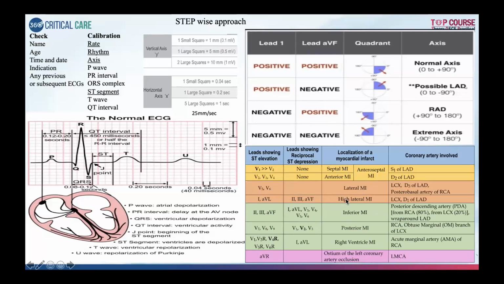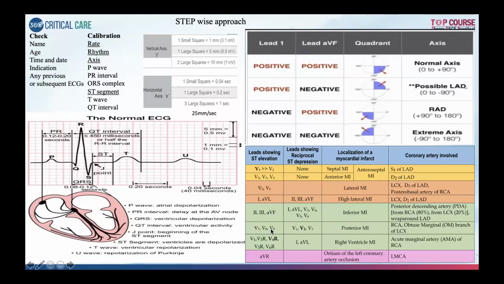Lead 1 and AVL, it is high lateral, with high chances that the left circumflex is involved. V5, V6, left circumflex. V1 to V4: V1 and V2 are septal, LAD. V2 to V4 are anterior, LAD again. Leads 2, 3, and AVF are inferior, mostly the right coronary artery or the posterior descending artery. So mostly the right side is affected.